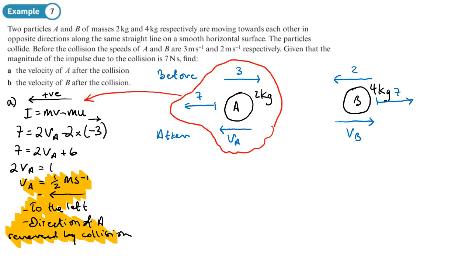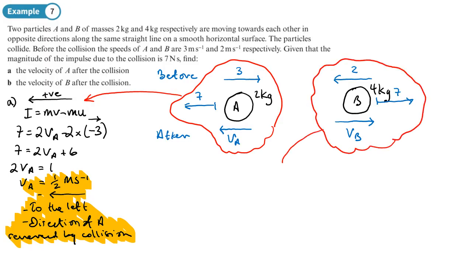We're now going to do the same type of thing for part B. So in part B, we're going to be using this to do our working. So part B, velocity of B after the collision. So again, impulse momentum principle, and I'm going to take to the right as positive. So that means my impulse is 7, positive. The mass is 4.